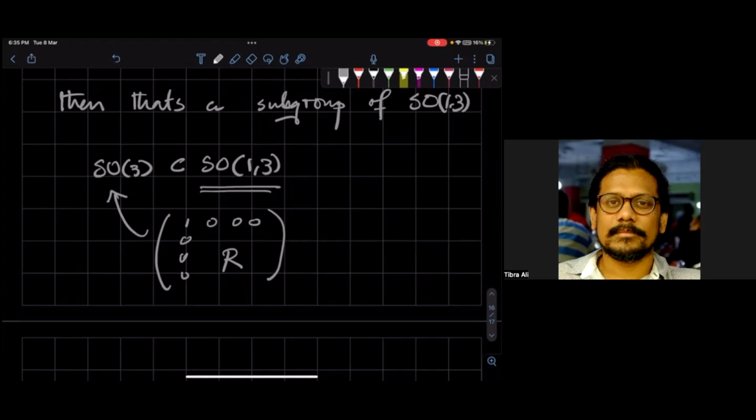Now, if you consider the boosts in Lorentz transformations, there's actually a further restriction on SO(1,3).